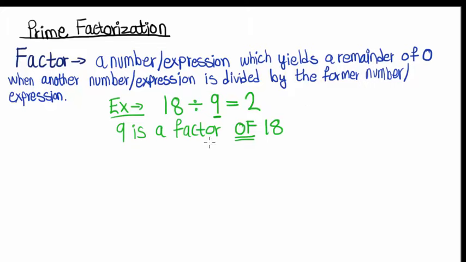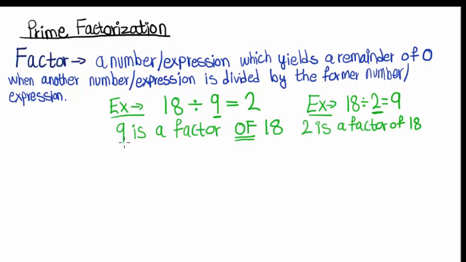Similarly, if I have something such as 18 divided by 2 equals 9, the number 2 is an example of a factor of the number 18, because when I do 18 divided by 2, I don't get a decimal answer, but I get a whole number.